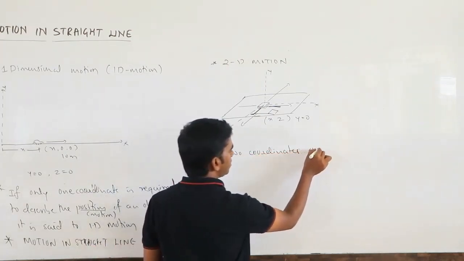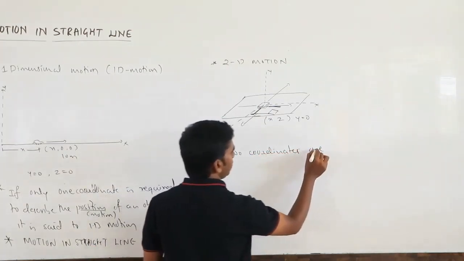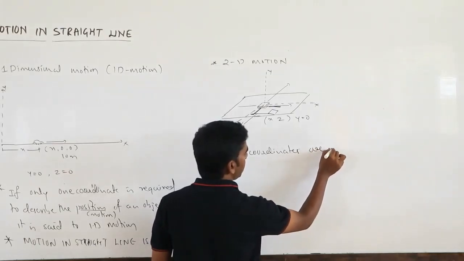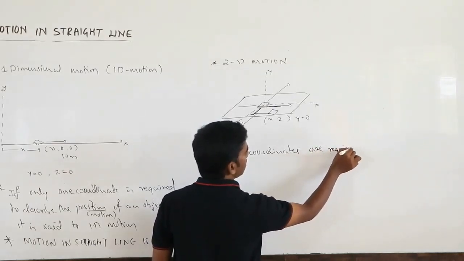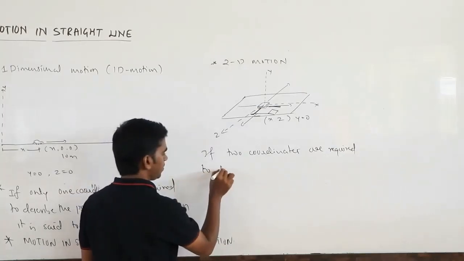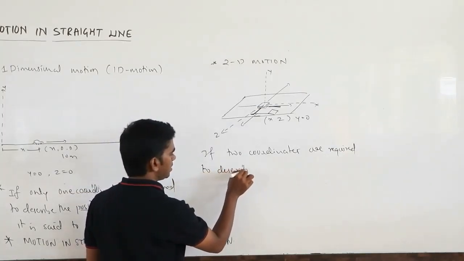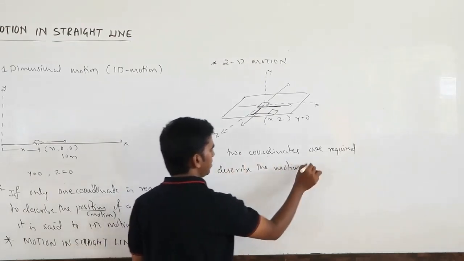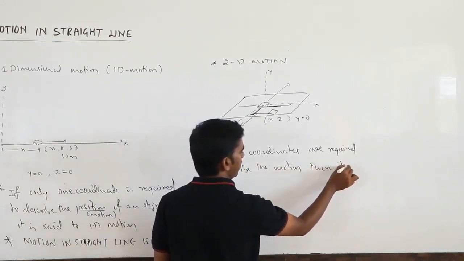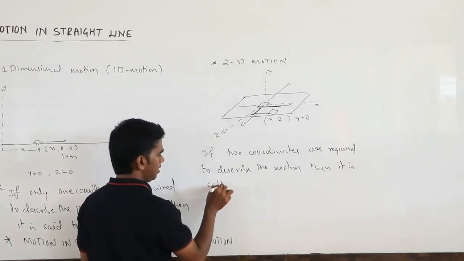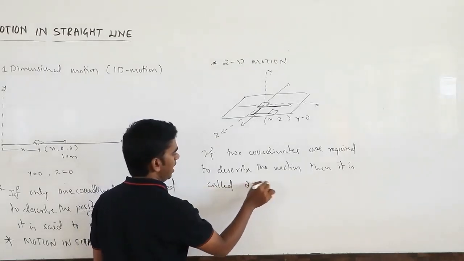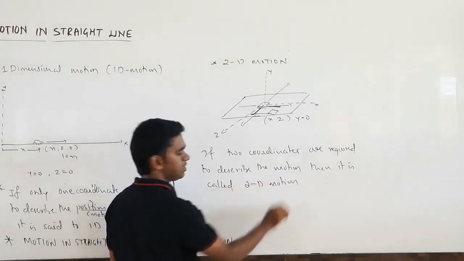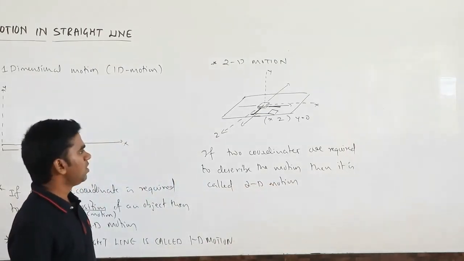If two coordinates are required to describe the motion or position of an object, then it is called two-dimensional motion.